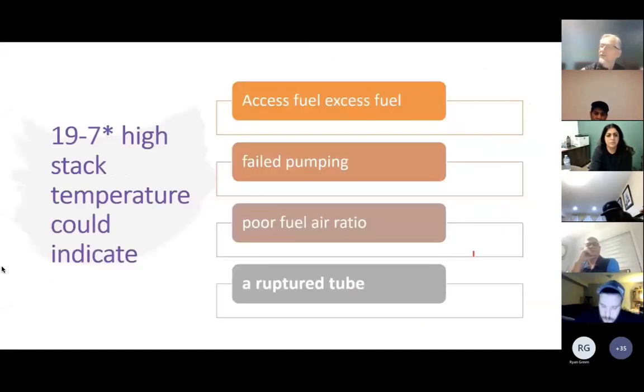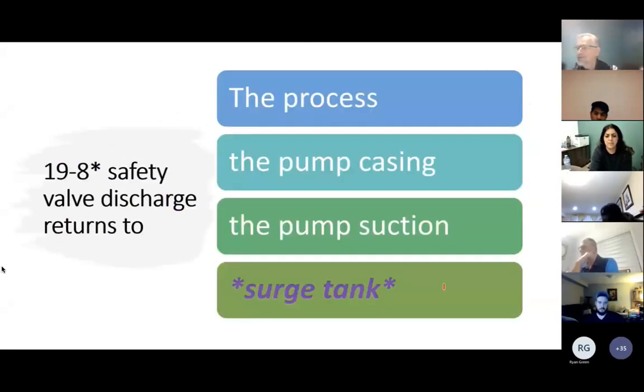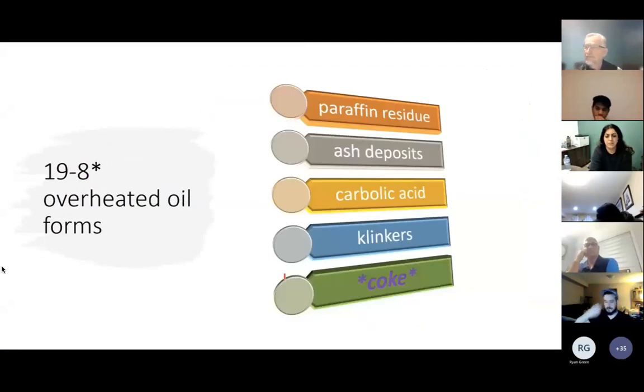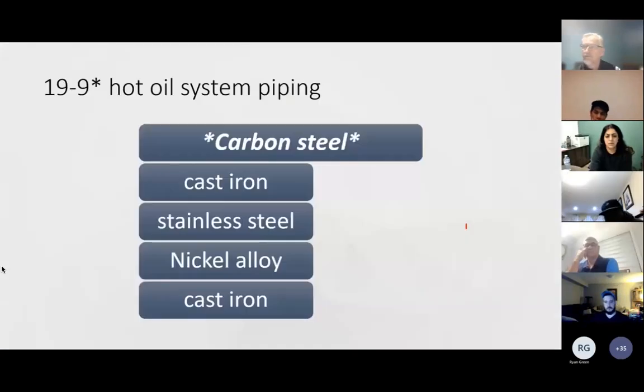Stack high temperature might mean what? Ruptured tube. Yeah. Safety discharge returns to the surge tank. Okay. Overheated oil. Oh, what's the problem with overheating the oil? We're going to plug up the tubes with coke.